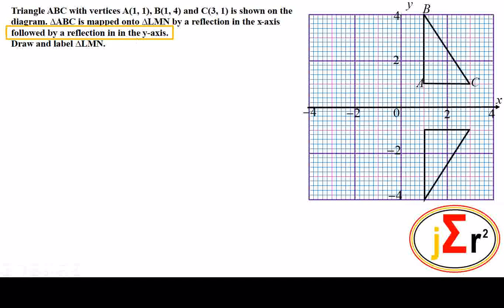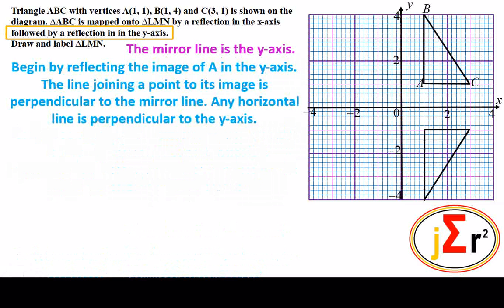The concept is the same. The mirror line is the y-axis on this occasion. Begin by reflecting the image of A in the y-axis. And do not forget, the line joining a point to its image is perpendicular to the mirror line. And on this occasion, the mirror line is the vertical y-axis.